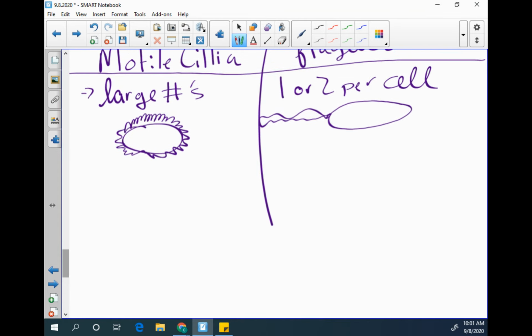So cilia are like oars. If you think about how you move a boat, we've got alternating power and recovery strokes.